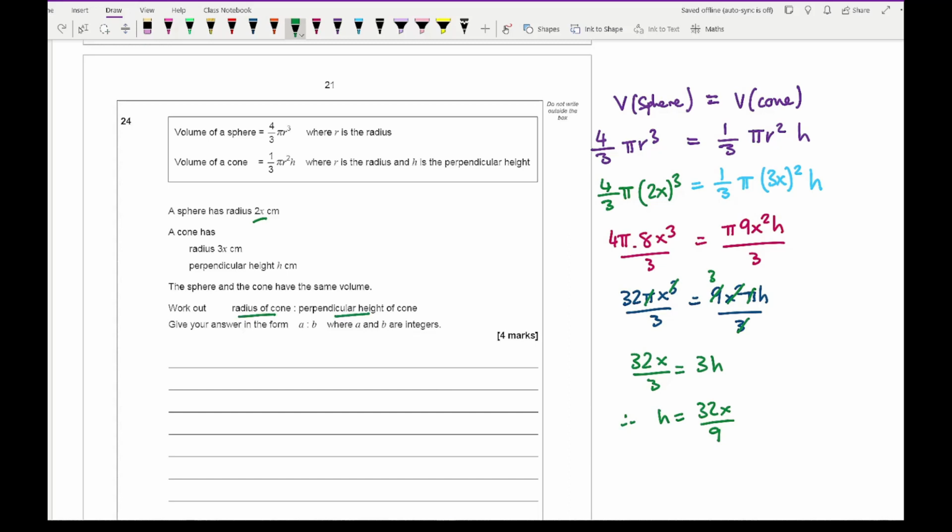The radius of the cone is 3x and the height is 32 over 9x. So from this I can cancel the x's. Here I've got this, but I want to write them so they're all integers. So I can take the 9 over to the side, giving me 27 over 32.